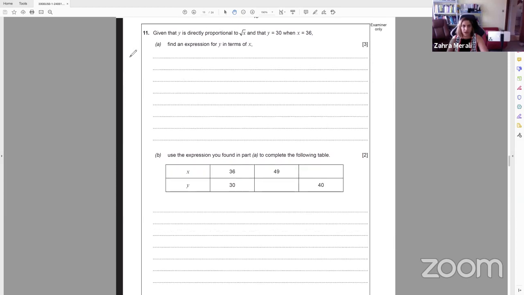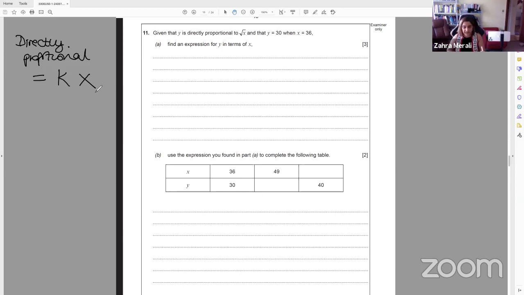Right, so we've got Y is directly proportional. Remember, when you see the words directly proportional in any question, your brain is going to immediately go, K times.